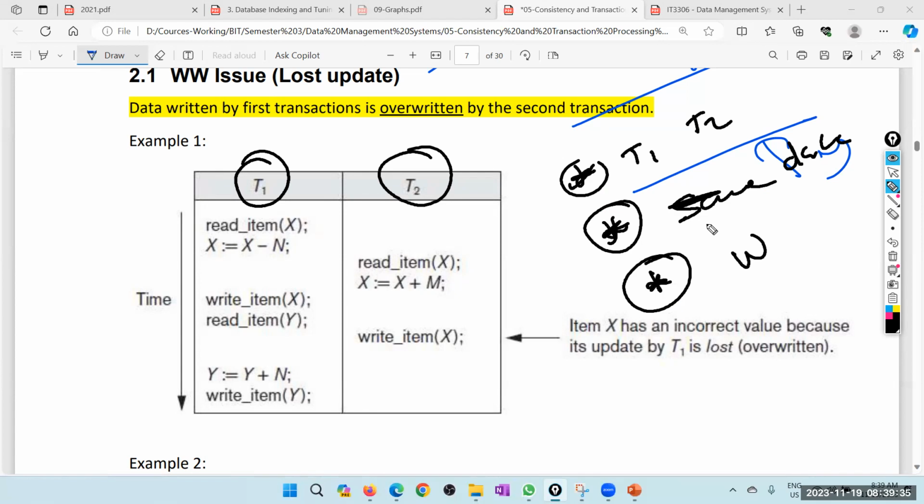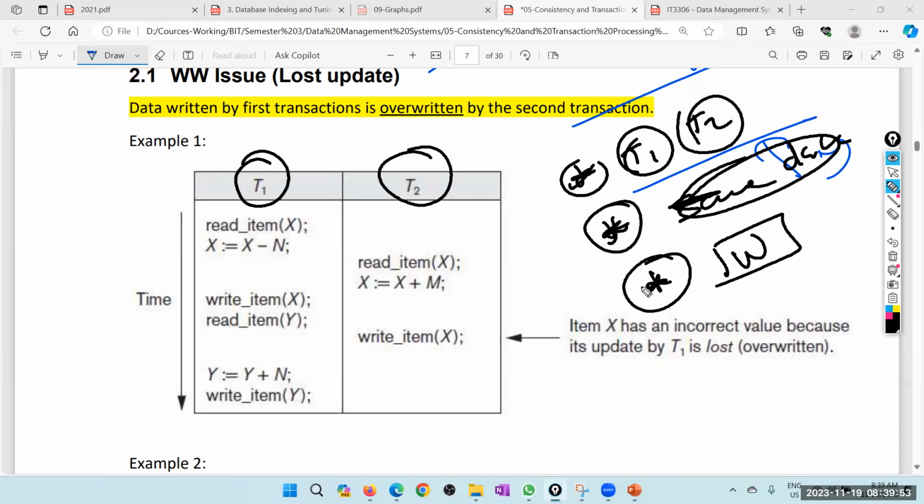So it must involve two or more transactions. Within the same transaction, there can't be possible issues. Those transactions must refer to at least one same data, and at least one of the operations must be a write. Then only is there a possible conflict.